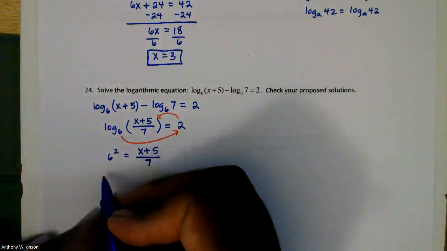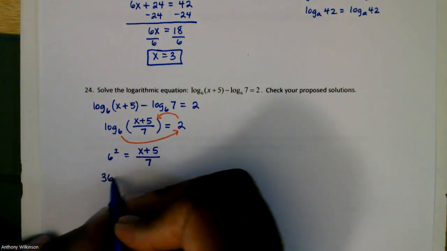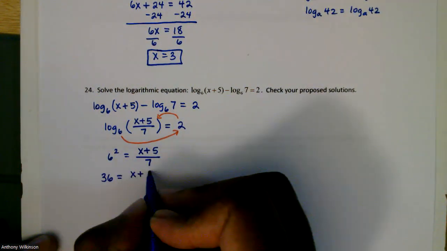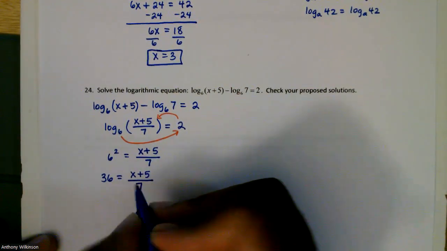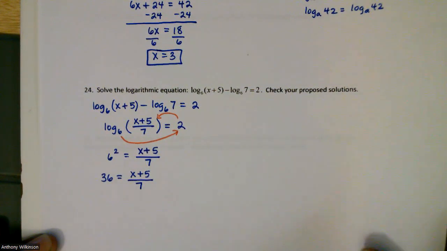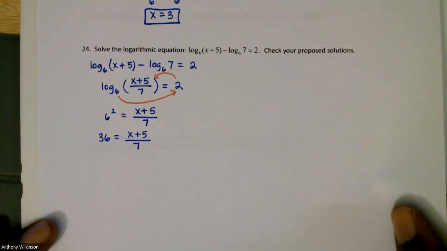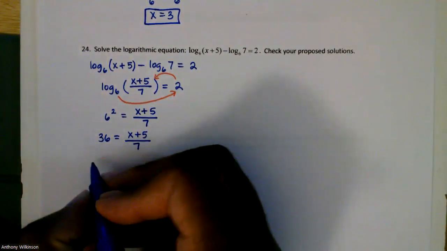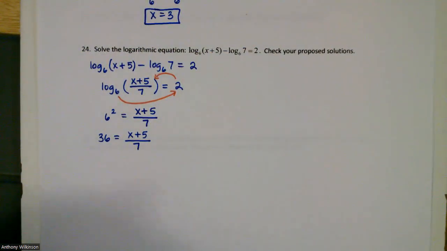Now if I square that, 6 squared is going to be 36. That's equal to x plus 5 divided by 7. And to get rid of the 7 in the denominator, since it's a division, I need to multiply both sides by 7.